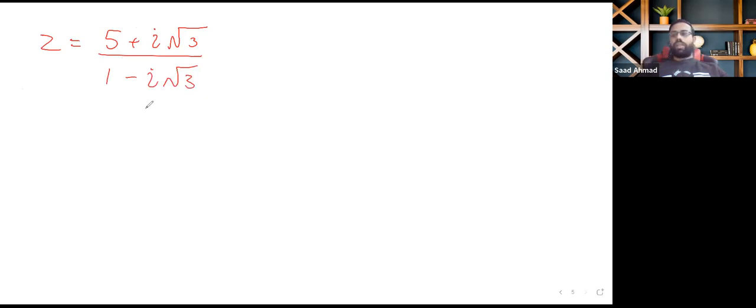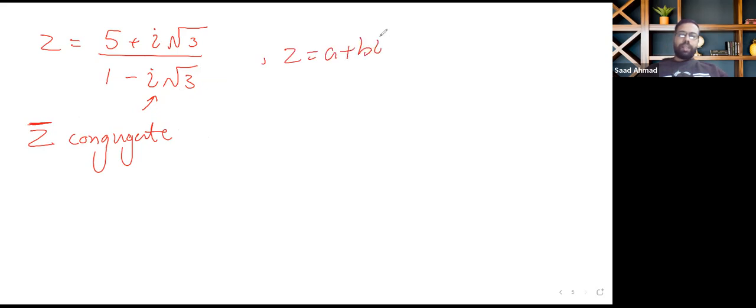Okay, so now there's a problem. This i is in the denominator and we do not want it there. To get rid of that, you multiply it with its conjugate. If z is the complex number a plus bi, its conjugate, z bar, equals a minus bi.